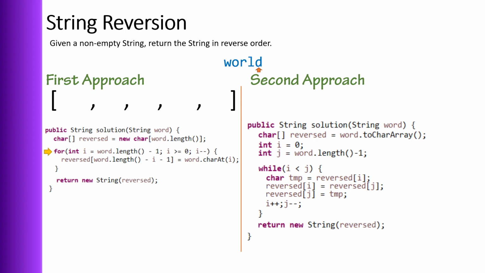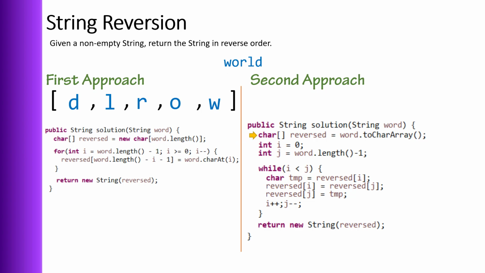So we start with the last character and then assign that value to the first index as follows, and then we do it to the second to the last character and assign it there. As you can see, it's very straightforward, as we are only assigning the character as we go through the string. So that is the first approach that we have. And then we will be returning the string equivalent of that character array.